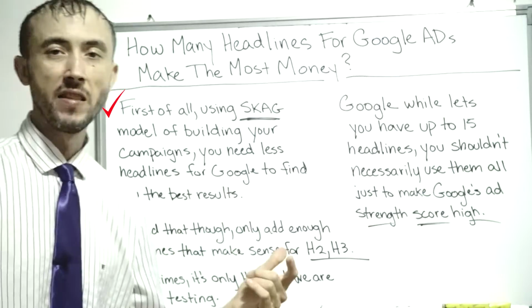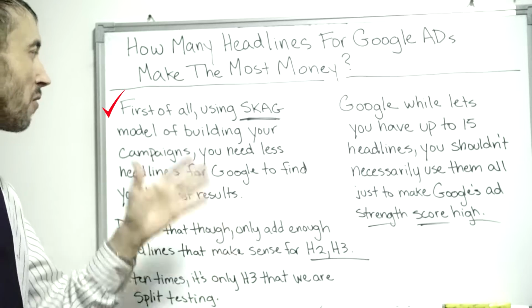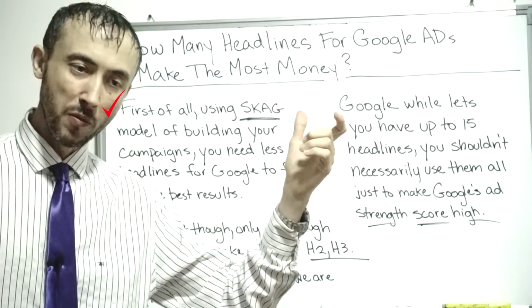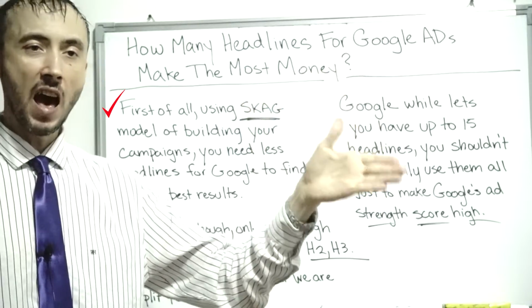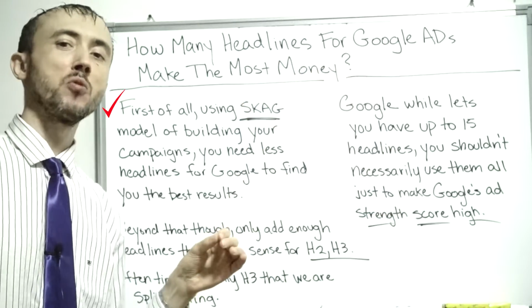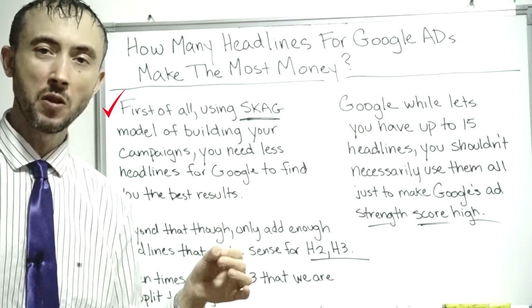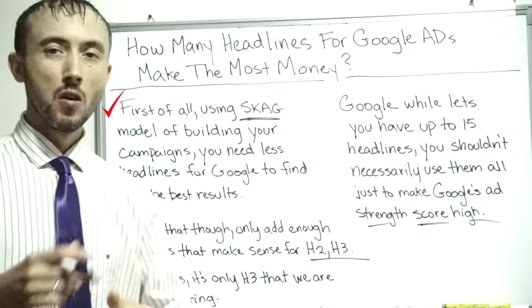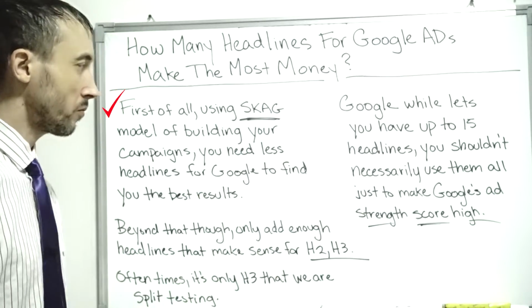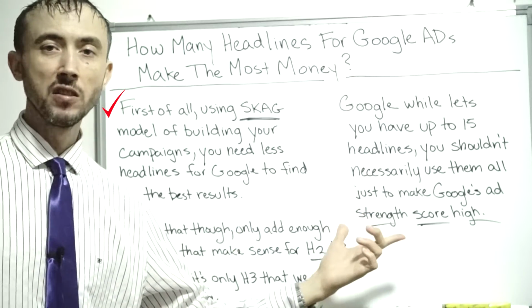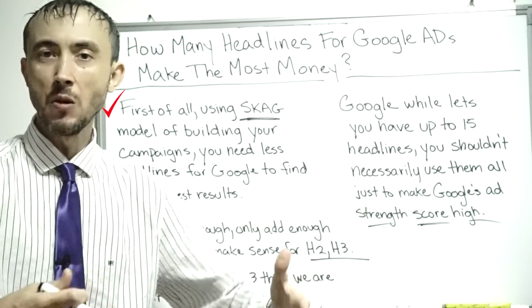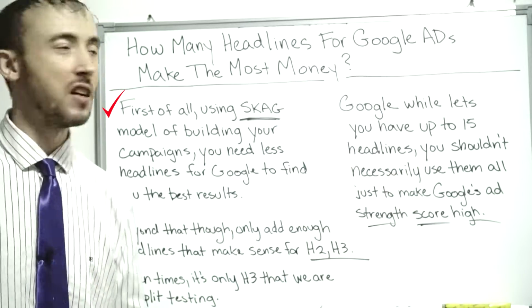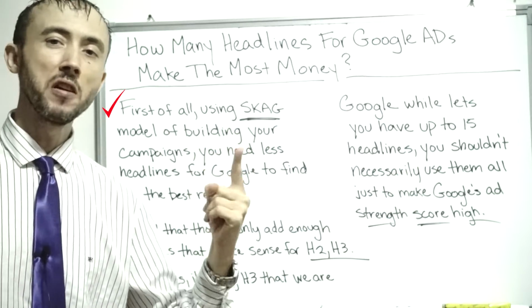But since we're talking about headlines, we're just going to talk about the fact that this SKAG setup will let you have an ad and a headline that matches what the keyword is specifically. So with that all said, bringing this all together, you don't need 15 headlines for Google to hopefully find a headline in there that matches what the user's keyword is, because you only got one keyword in your ad group.